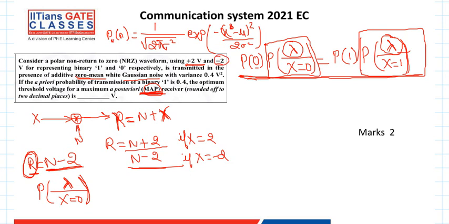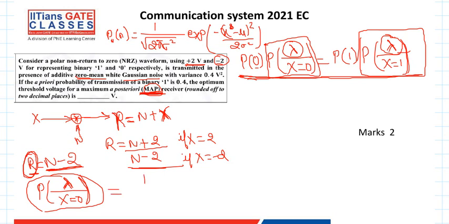This R is also a Gaussian random variable, because n is Gaussian, but its mean is minus 2.